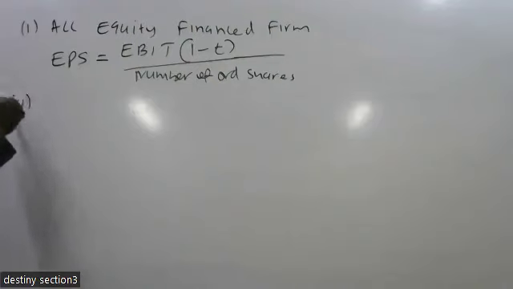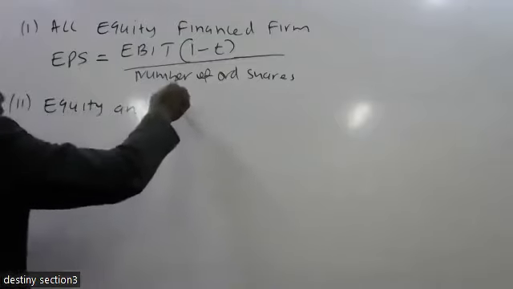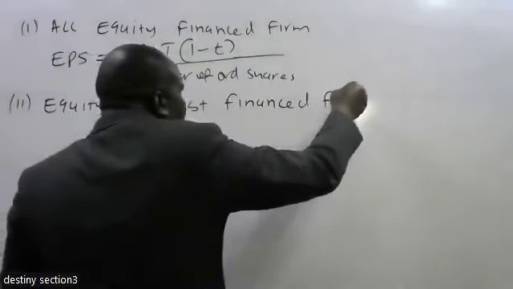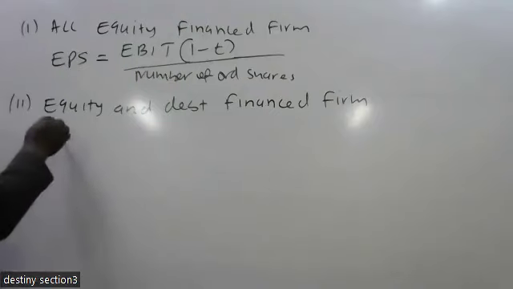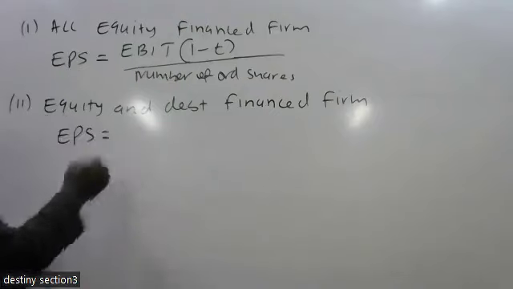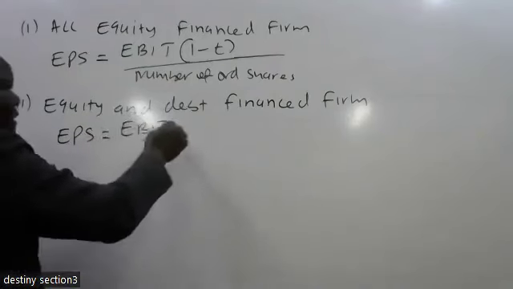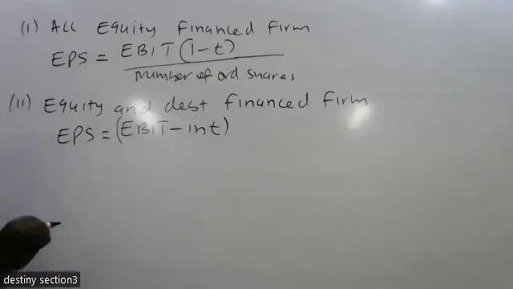Then the second one can be an equity and debt financed firm. So if it is equity and debt financed, to compute the earning per share, simply take earnings before interest and tax. But now there is debt, so we subtract interest.